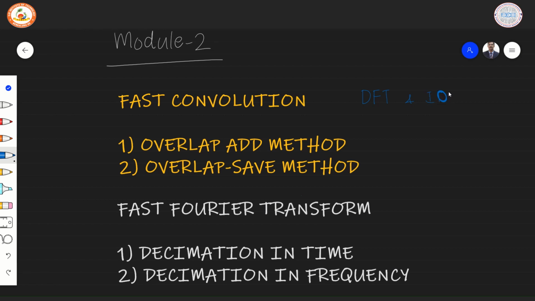DFT and IDFT is involved such that the calculation of the convolution is done faster. Fast Fourier method is a more efficient method of calculating the DFT compared to the regular expression.